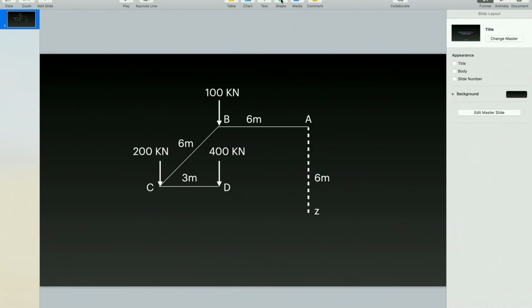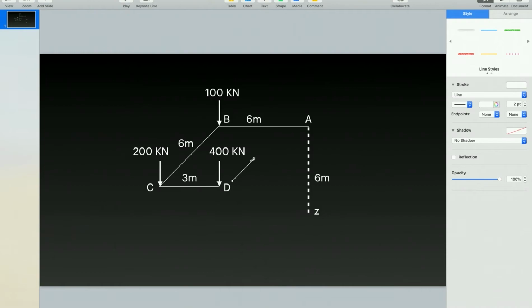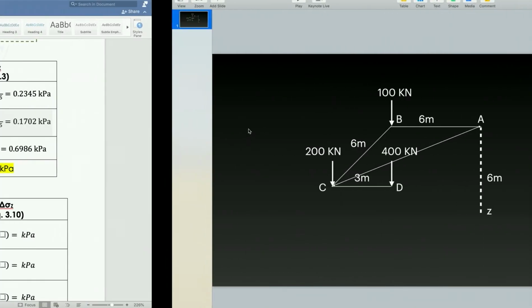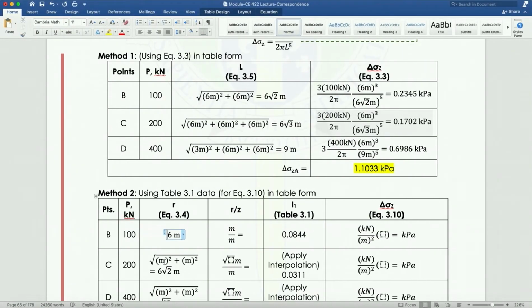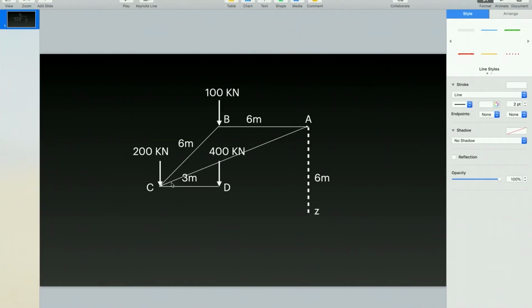So what are the involved points? What are the coordinates involved? We have 6, 6. Okay, parehas sila. We have the square root of 6 squared plus 6 squared. We have 6 the square root of 2. So that is the R. Now for the D, we have it here.